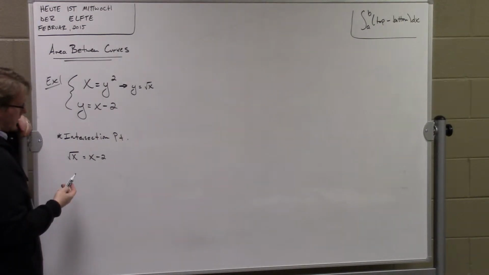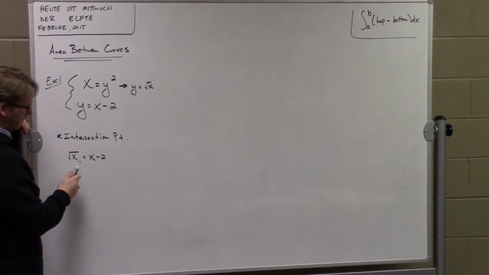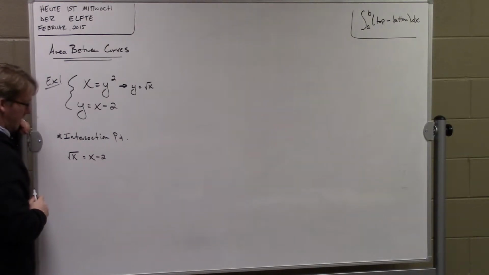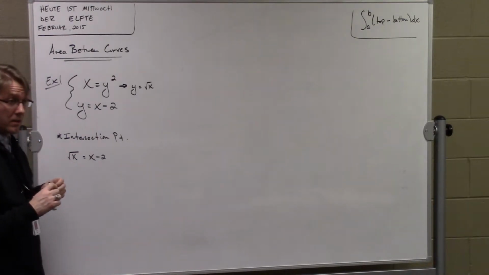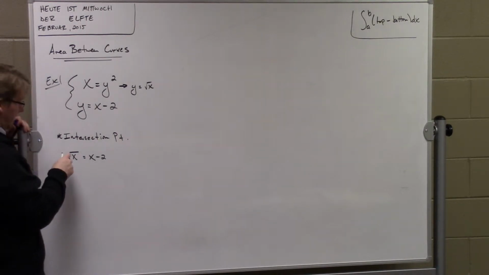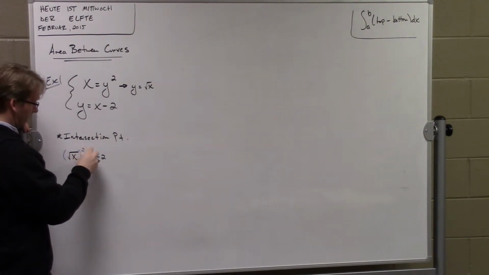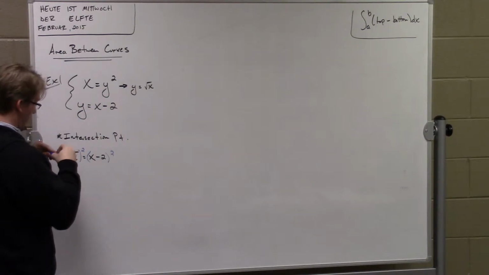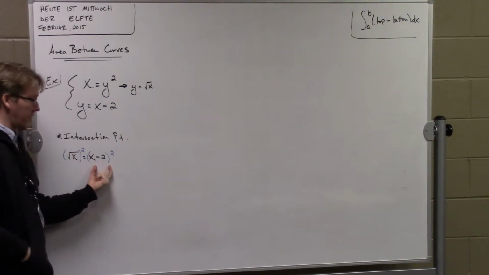Help me figure out what this intersection point is. Solve for x. Move x to the other side. Square both sides. Most people are just going to call that x squared minus 4.